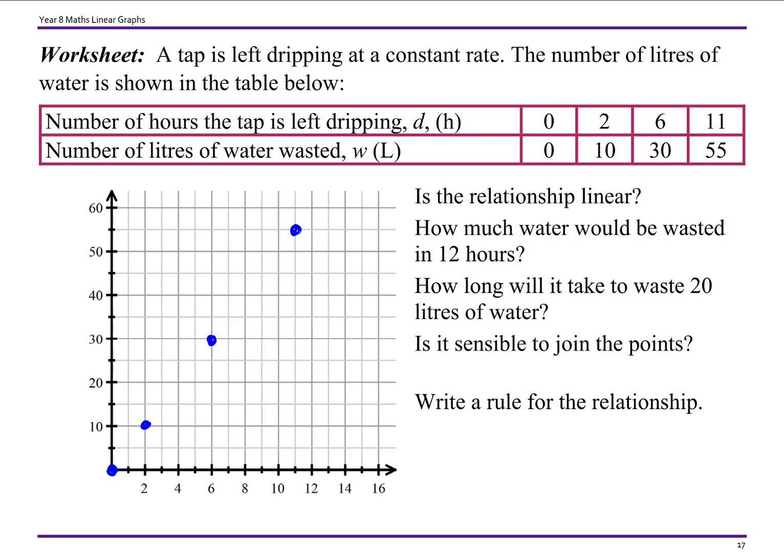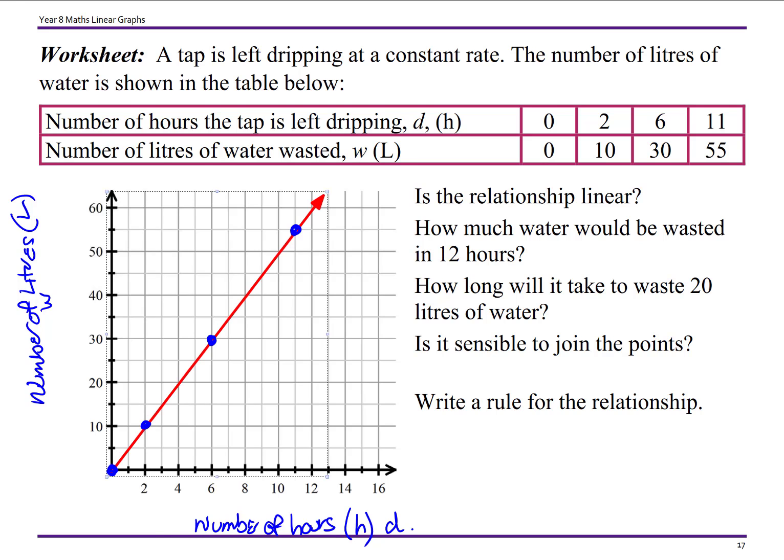Okay, and we should label our axes. We have number of hours, H, and number of litres is in litres. This is our variable W, this is our variable D. So we need to draw a straight line through these points.